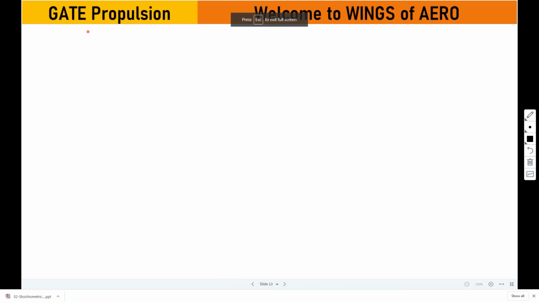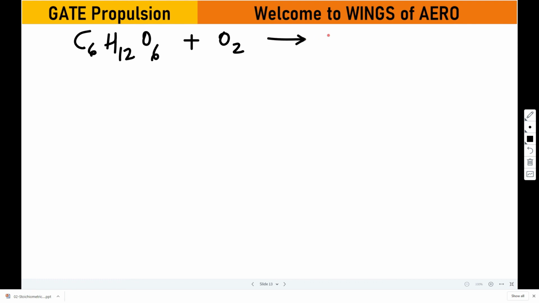So from here, what you have to find is: C6H12O6 plus O2 gives CO2 plus H2O.